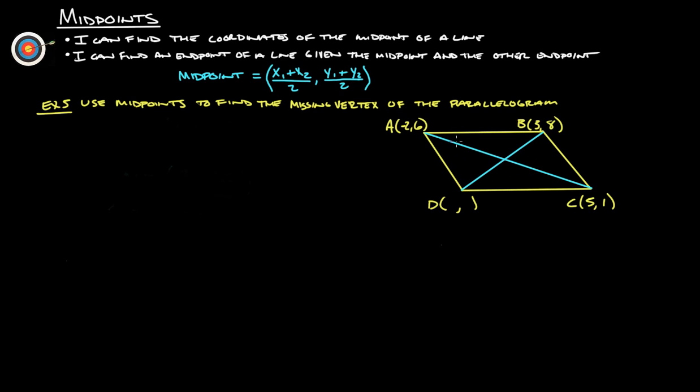Since it's a parallelogram, this is going to be the same as that, and this length there, I should just put 1, is going to be the same as that there. Okay, so basically this point right here is the midpoint between these two, and then this point is the midpoint between those two. So we could find the midpoint and then use that midpoint and the endpoint to find the other endpoint.